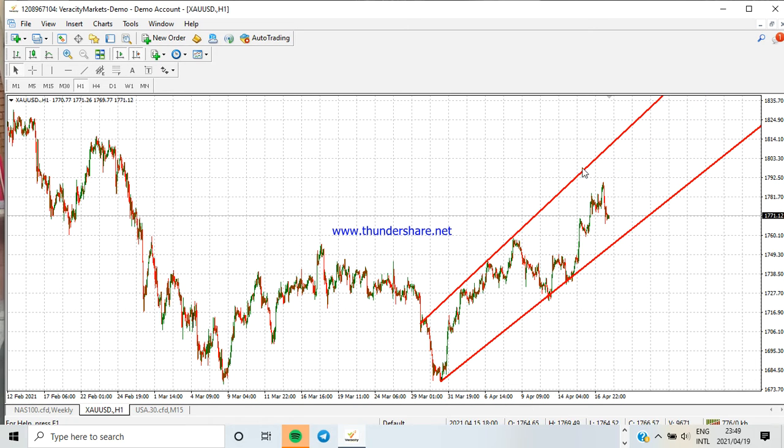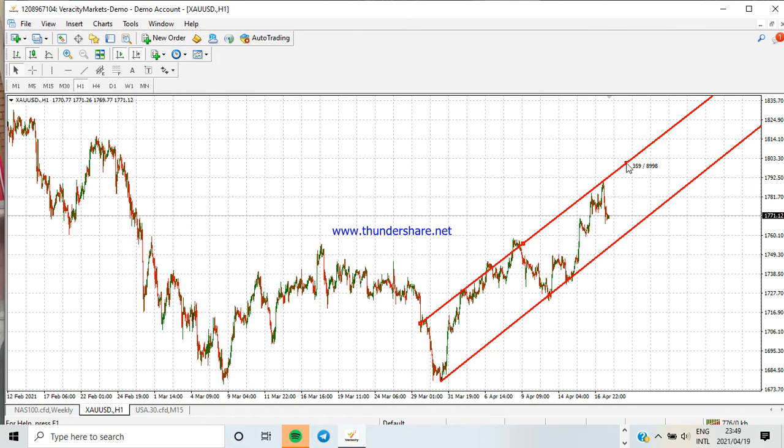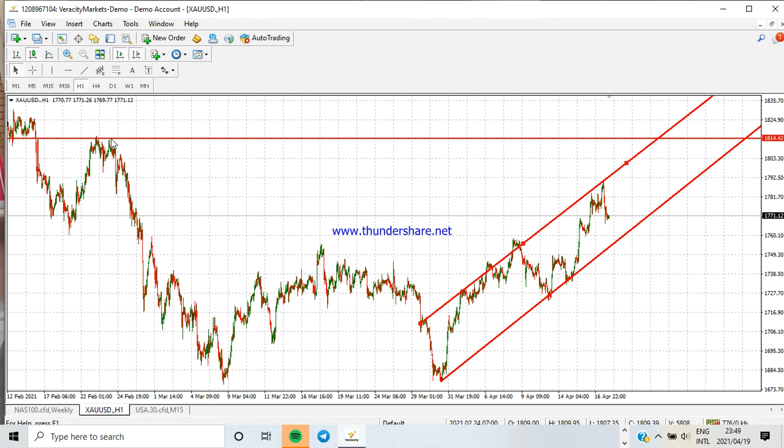Right. I don't really care about the touches because they are misleading. Just get the overall trend. I really don't care about the touches because sometimes they are misleading. So I just want us to get the whole picture of the market.